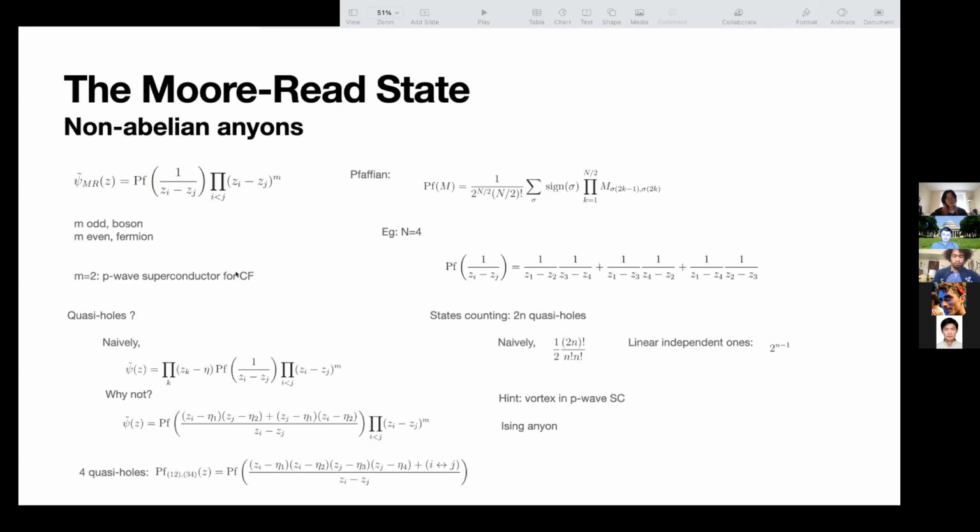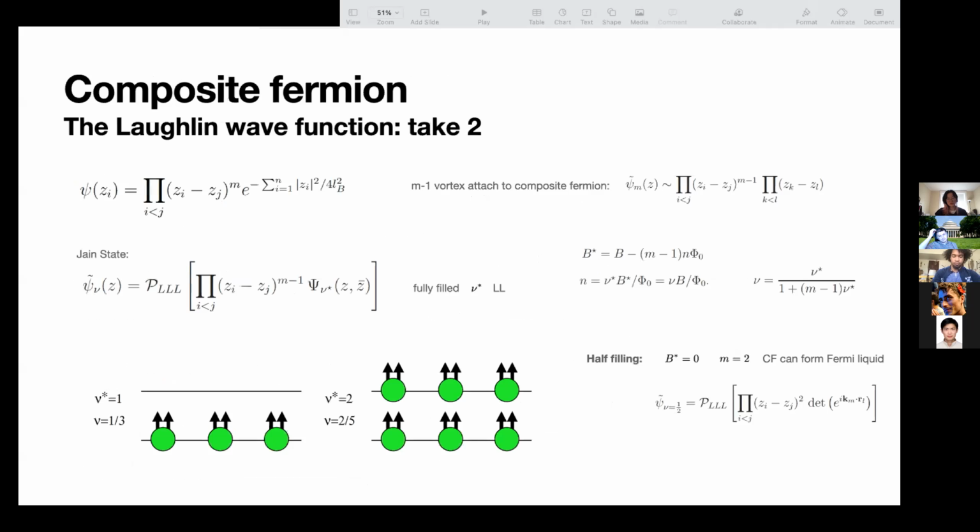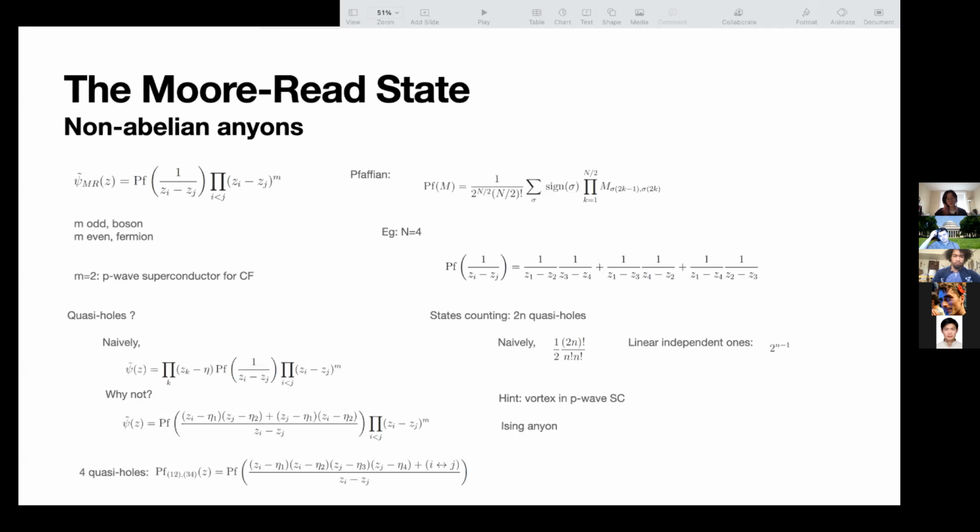In terms of composite fermions, this is a p-wave superconductor for the composite fermions, and I think you can get this state by starting from the composite fermion Fermi liquid. Oh, okay, yeah. So it's just like Slater anti-symmetrizing, but for real fermions. Yeah.